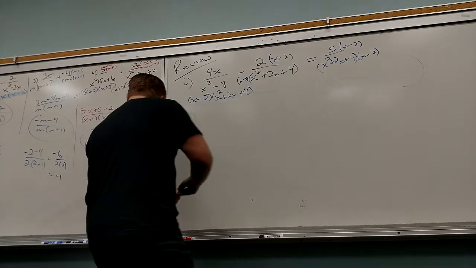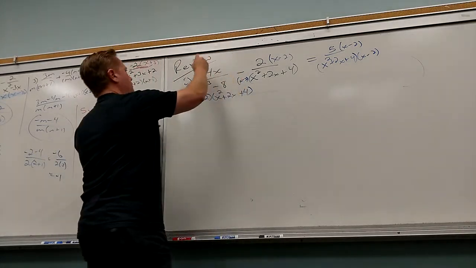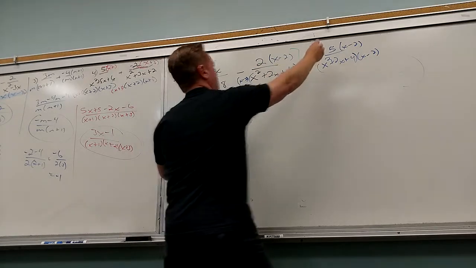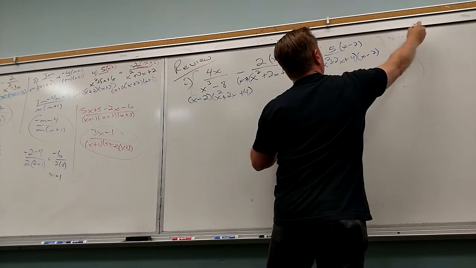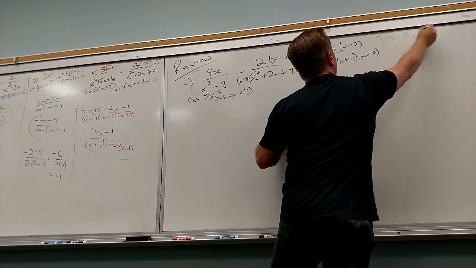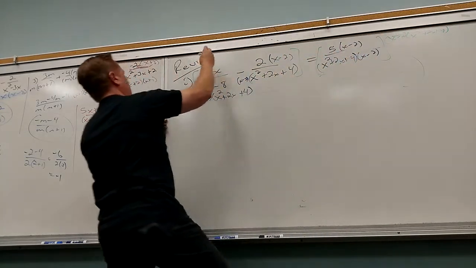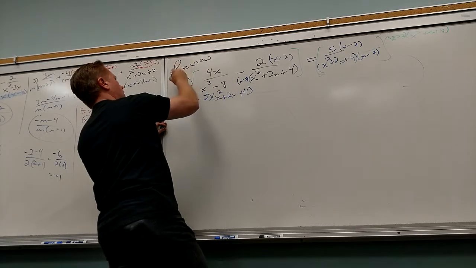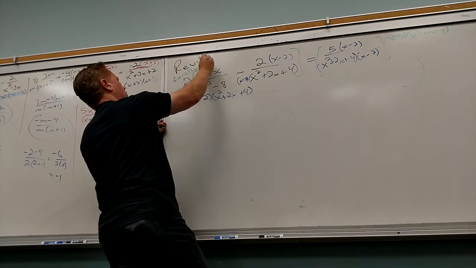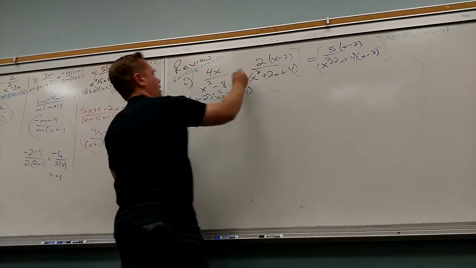So if I multiply everything by, how many colors are you going to use, huh? X minus 2, x squared plus 2x. Bam, bam. X minus 2, x squared plus 2x plus 4. Cancel, cancel.